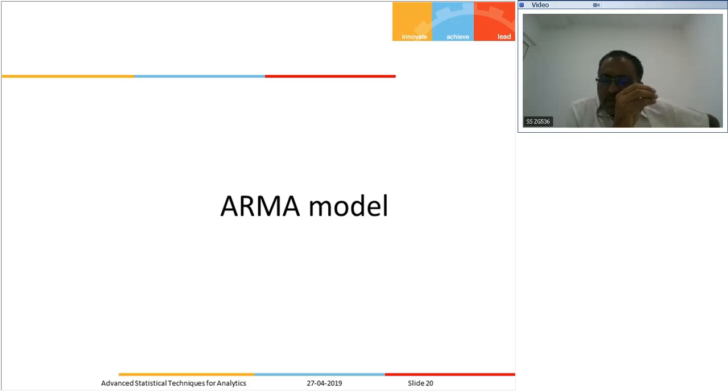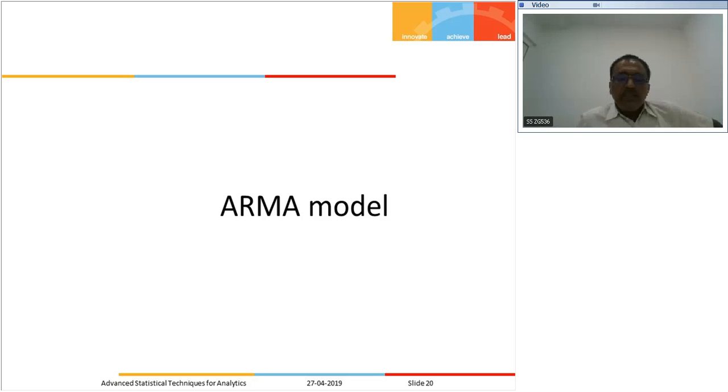Now, if you take the first one, the dependencies within time t, t minus 1, that is where y of t depends on y t minus 1, y t minus 2, y t minus 3. That is the first model. The second model is where yt depends on the error that happens at t, t minus 1, t minus 2, and so on.